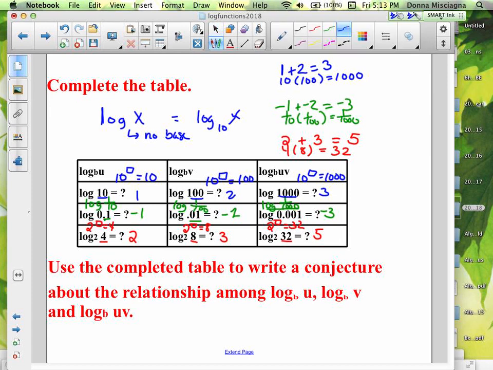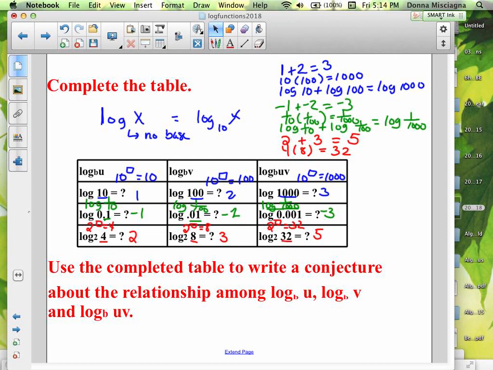So maybe that means that log 10 plus log 100, since I get the same thing on both sides, maybe that equals log 1000. And maybe log 1/10 plus log 100th is equal to log 1000th.